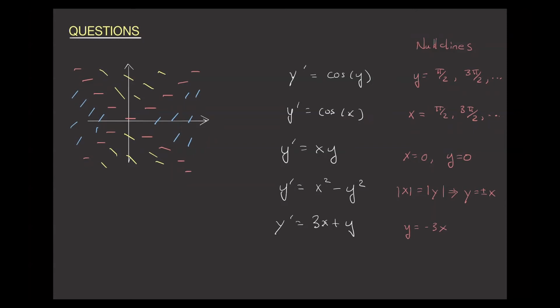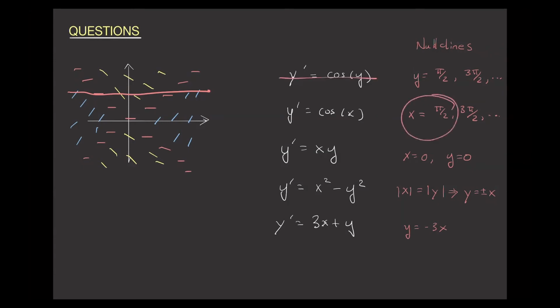Now, if you look at what these null clines should be, in the first case, you have it where y is equal to pi over 2. Everywhere there, you should have a null cline. That might look something like this over here. But we see that there are places where the null cline does not match up with the slopes. So it cannot be this first one. So this one is out.